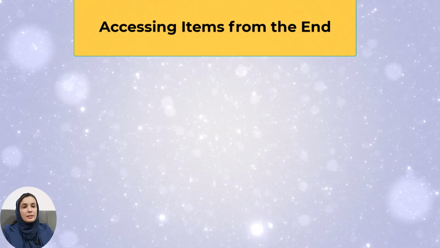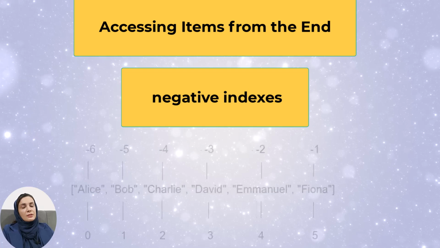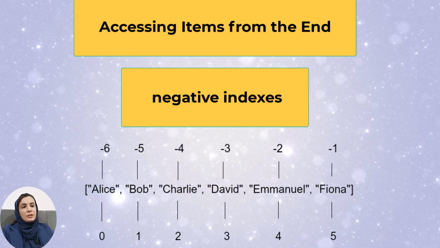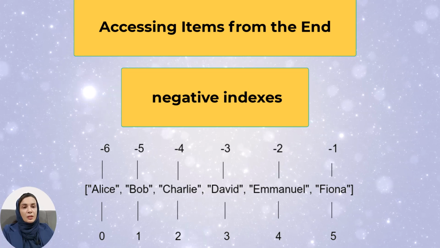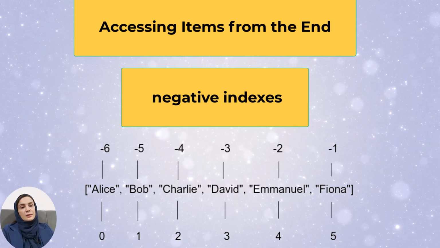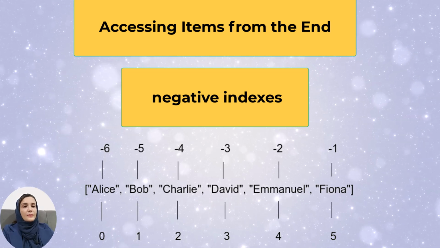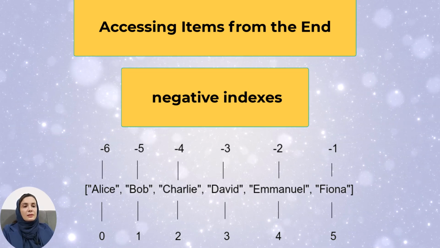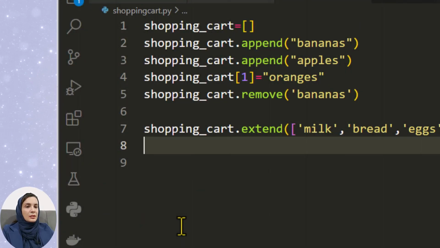We can also access items from the end of the list using negative indexes. Negative indexes start counting from the end of the list. For example, -1 is the last item, -2 is the second to last item, and so on. Let's see the last item in the cart using index. Let's try the index -1.